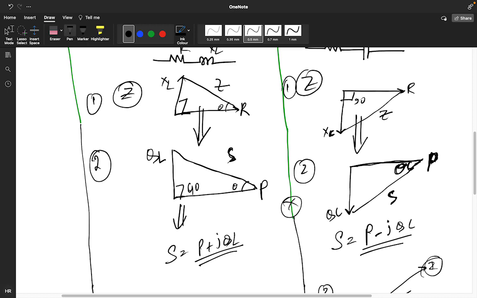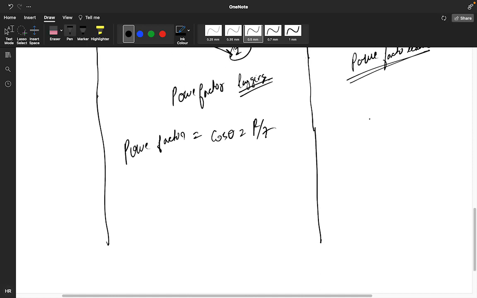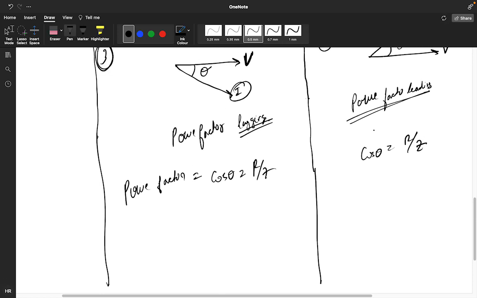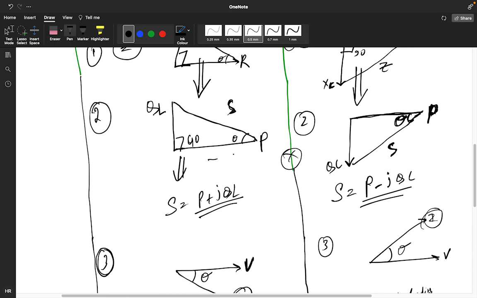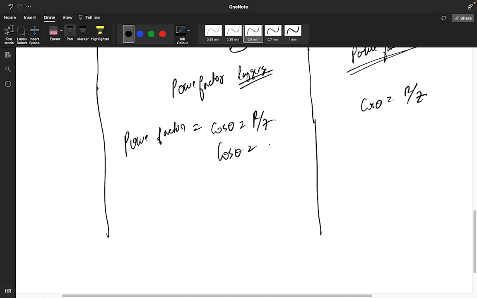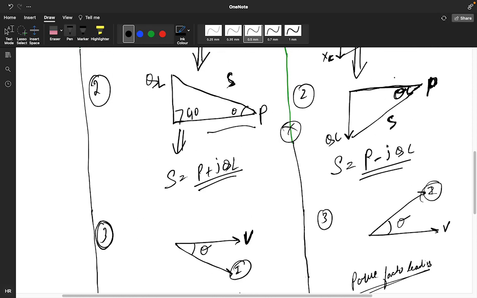So this is your theta, and you will get base R by hypotenuse Z, R by Z. Here also cos theta will be R by Z. And you can take cos theta as P by S also, real power by apparent power. Here also cos theta will be P by S, real power base by hypotenuse, so real power by apparent power.